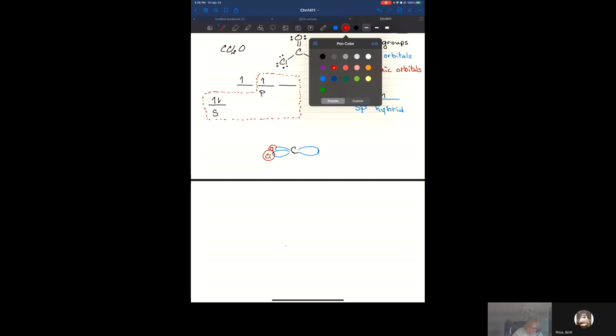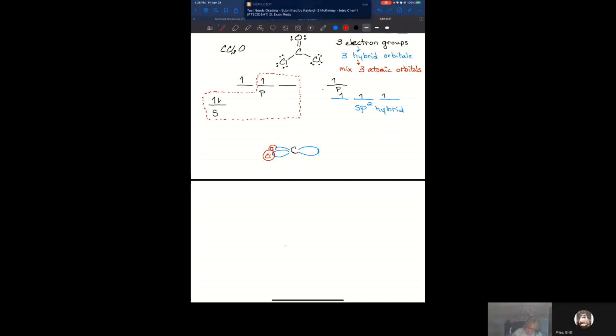And now looking at the oxygen, oxygen has 2 p orbitals that are partially filled. Actually, I didn't want red. Let me do oxygen in a different color.